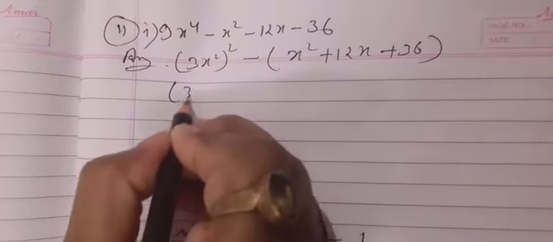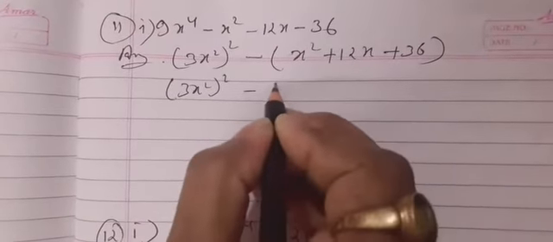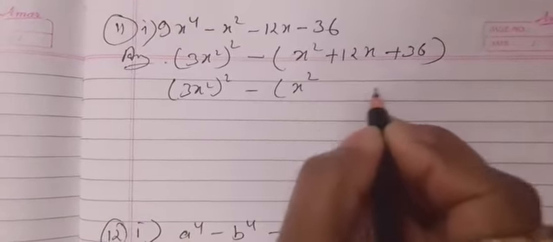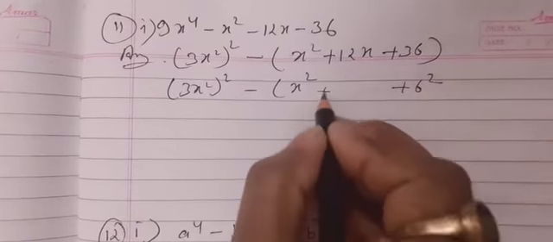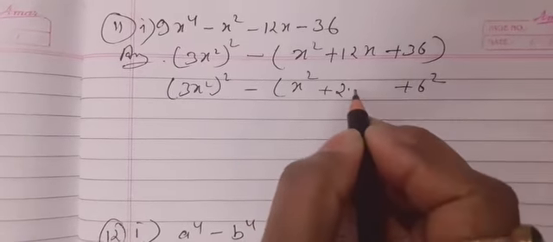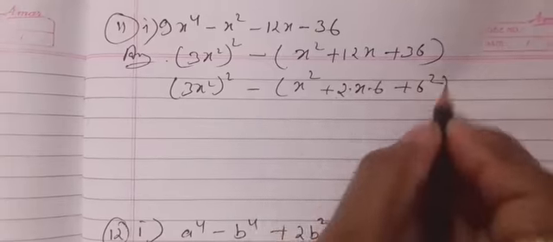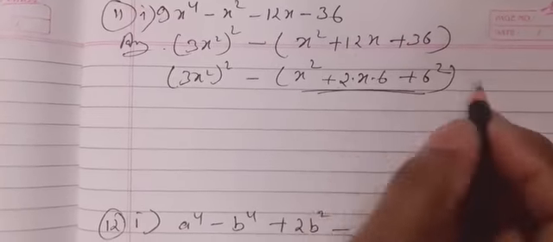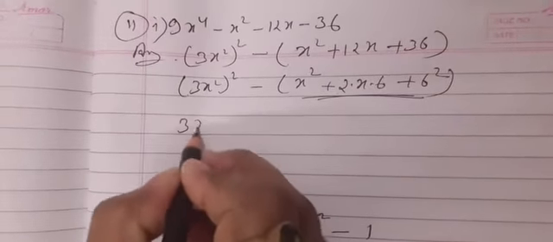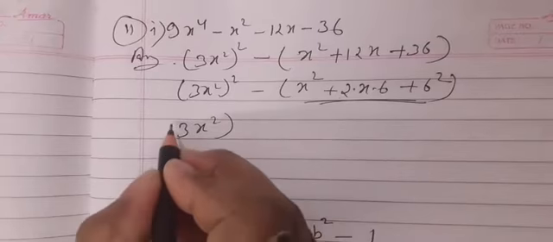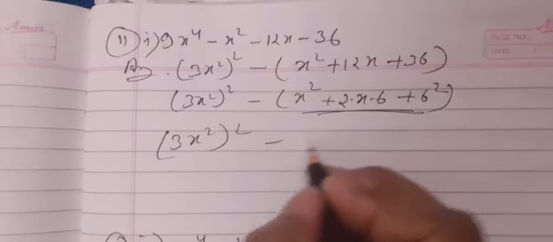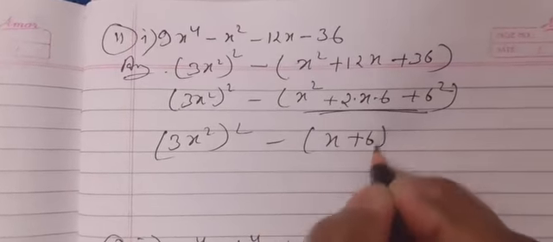So 3x square, and I can see that this is x square and this is 6 square, so the middle number must be 2 into x into 6. Yes, 2 times 6 is 12x. It means this expression is x plus 6 whole square. So I'm going to write 3x square whole square minus x plus 6 whole square.